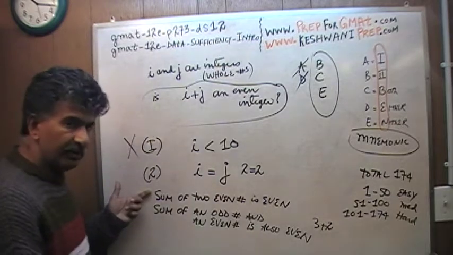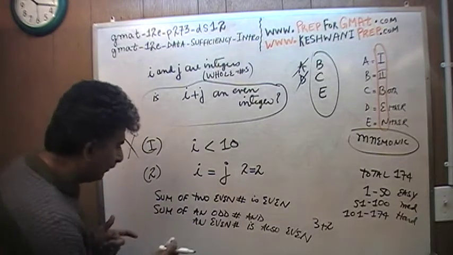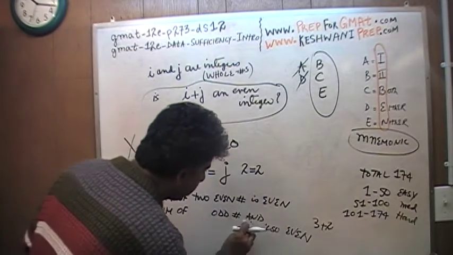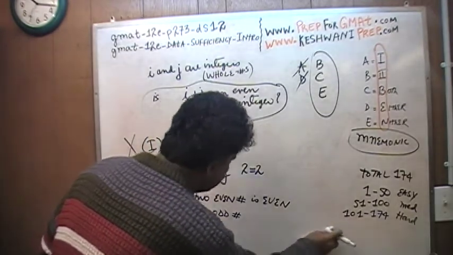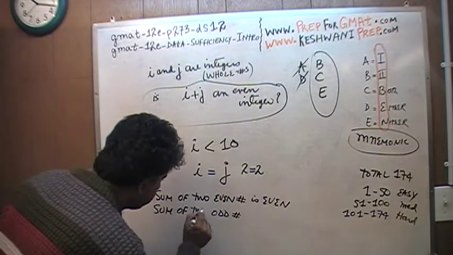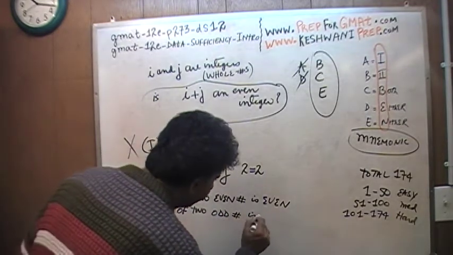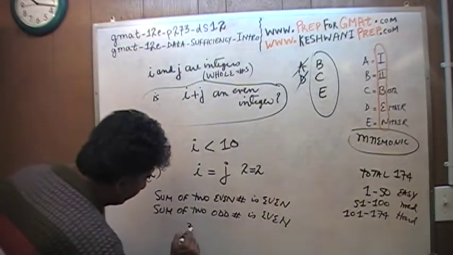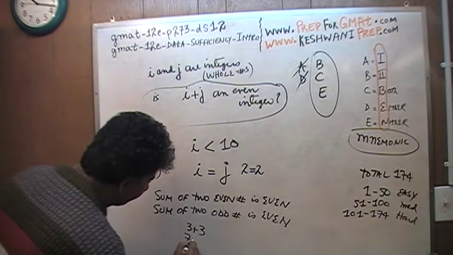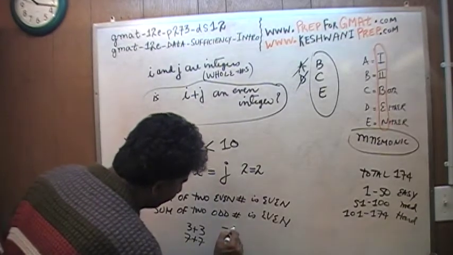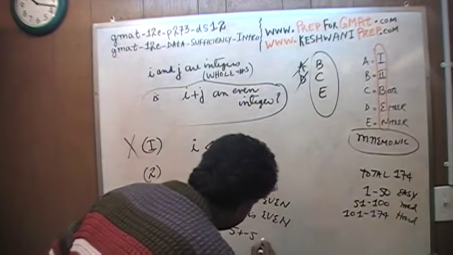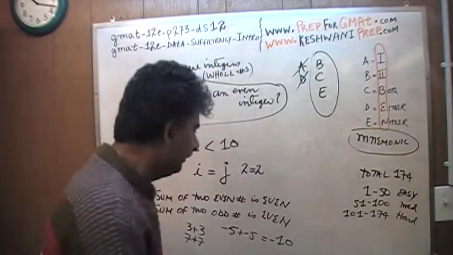We know the sum of two even numbers is even, and also the sum of two odd numbers is even. If you have two odd numbers, 3 plus 3 is even, 7 plus 7 is even, negative 5 plus negative 5 is even. That will give me negative 10, and that's an even number.